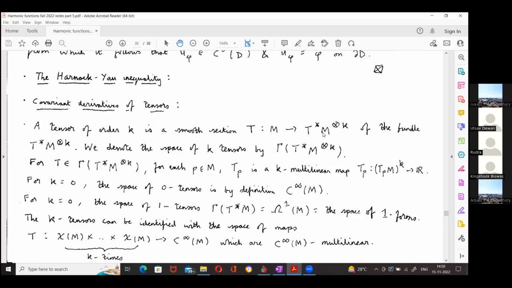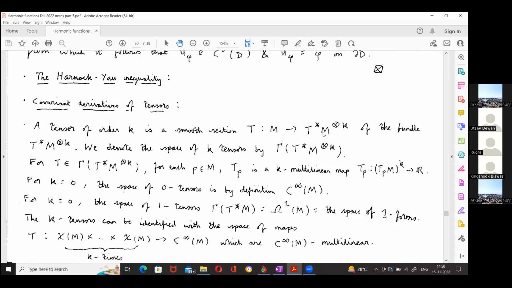Now recall that for a finite dimensional vector space V, if I take V dual and the kth tensor power of V dual, that is naturally identified with the k-multilinear functions from V × V × ... × V, k times, to R, right?